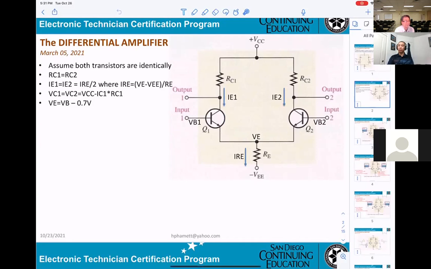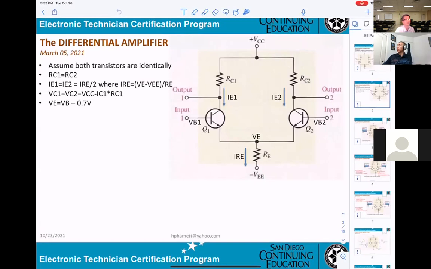Okay, and IRE, that means the total current through the resistor will be equal to IE1 plus IE2. And it will equal VE minus VEE divided by RE. That's how they calculate the total emitter current.